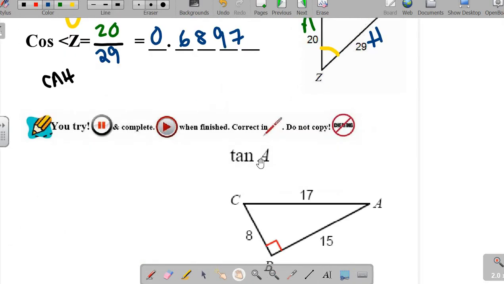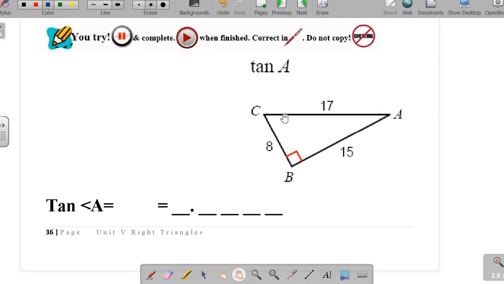Ready? I'd like you to find this trigonometric ratio, tangent of A. Pause the video. Welcome back. So A, if that's A, your opposite is 8, your adjacent is 15, and your hypo is 17.